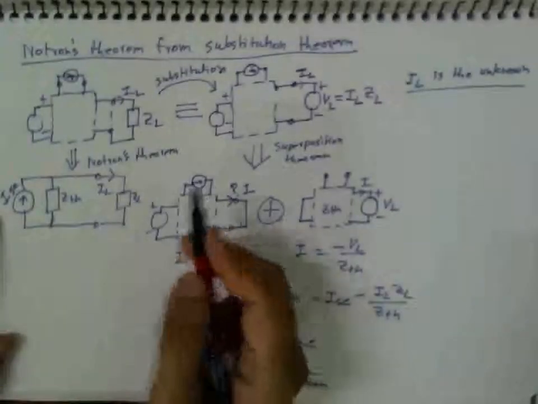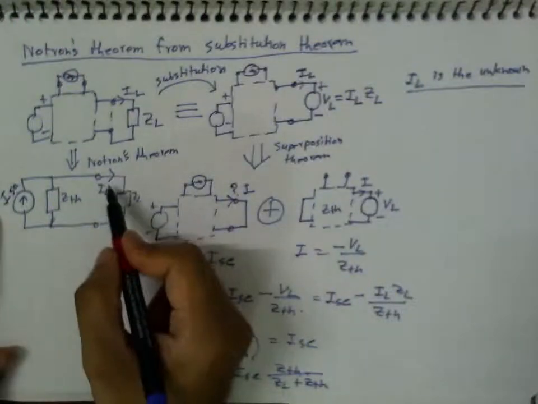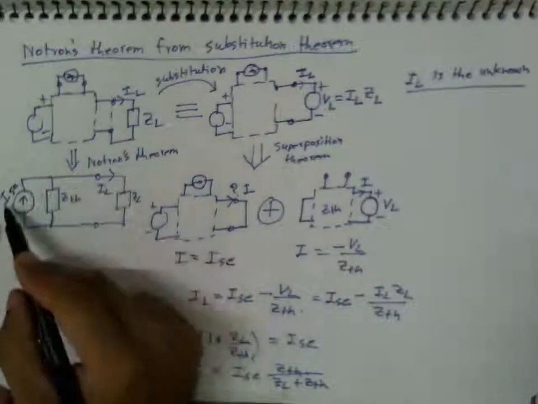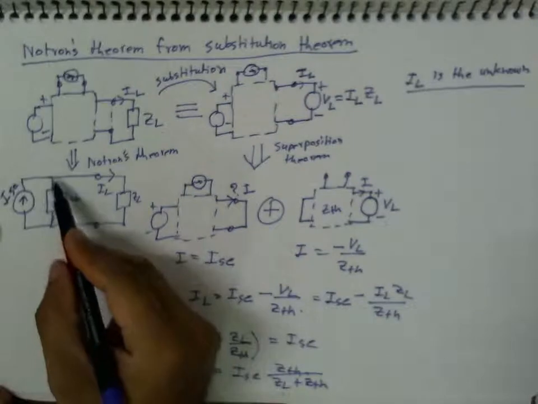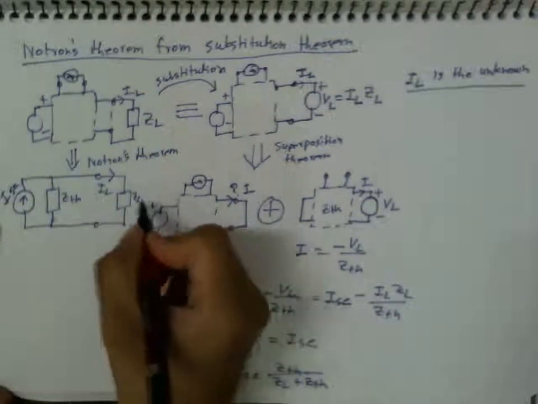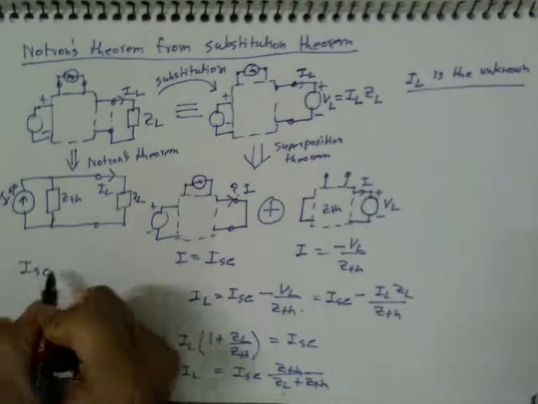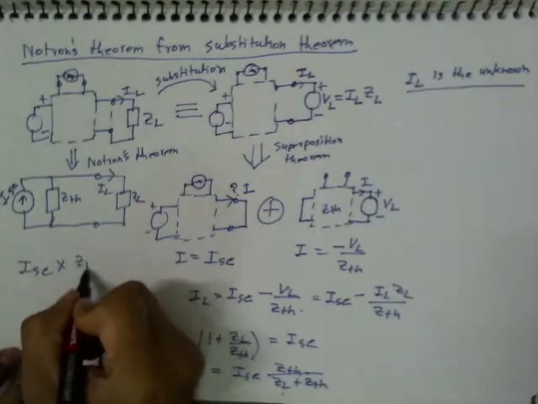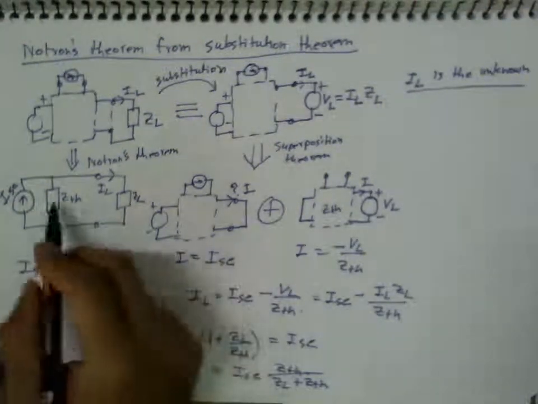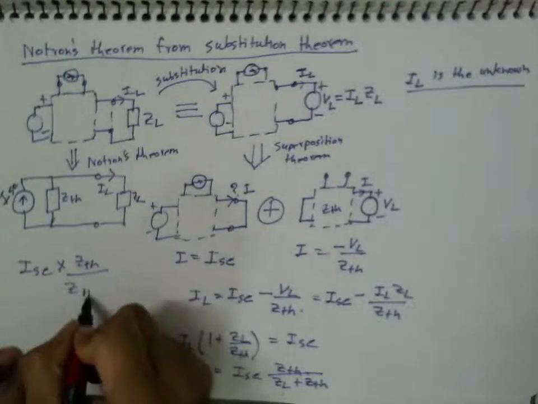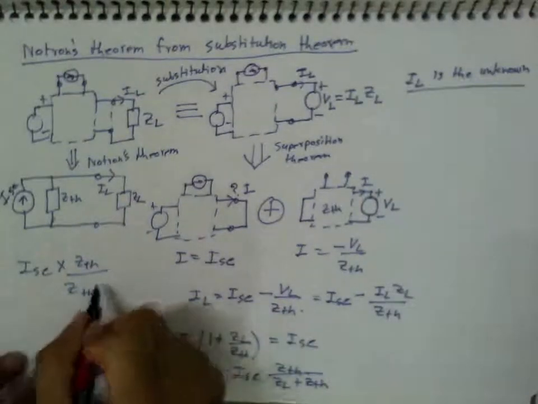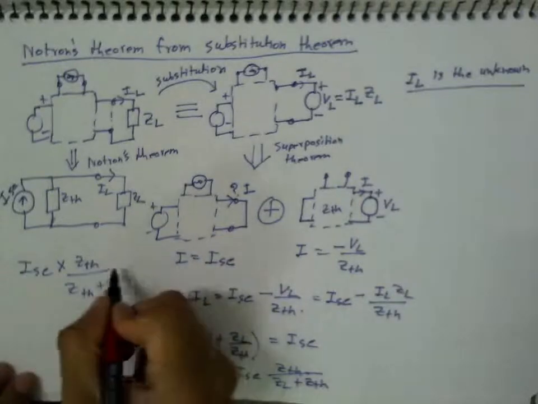So this is ISC, and then if I apply current divider, this ISC is divided between this ZTH and ZL. So the fraction that goes to ZL will be ISC multiplied by ZTH, the other impedance, divided by the sum of the two impedances, and this is IL.